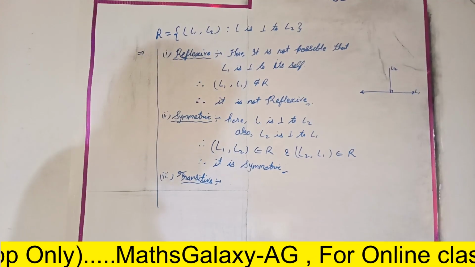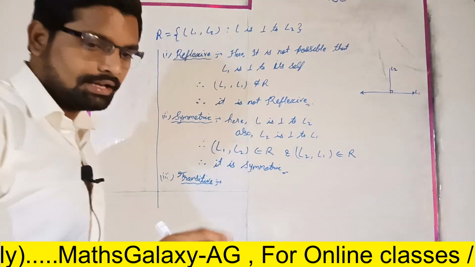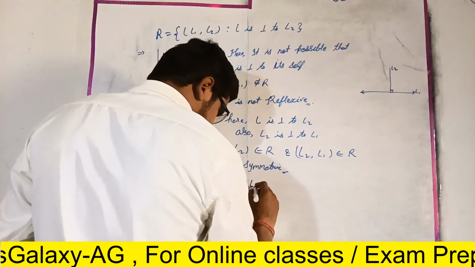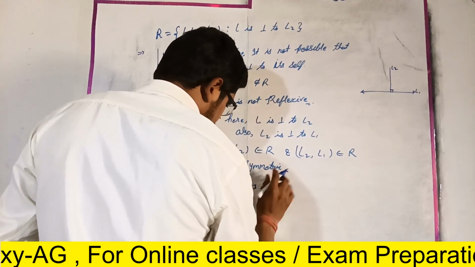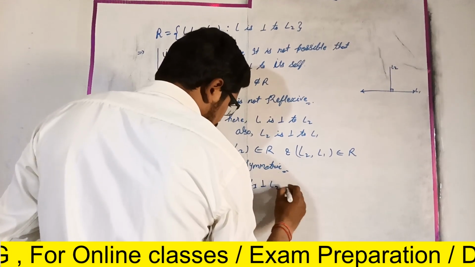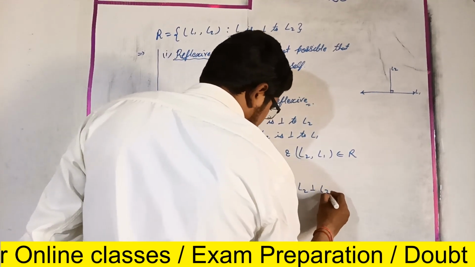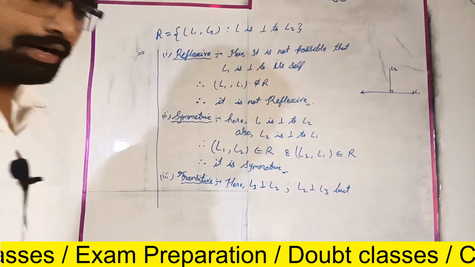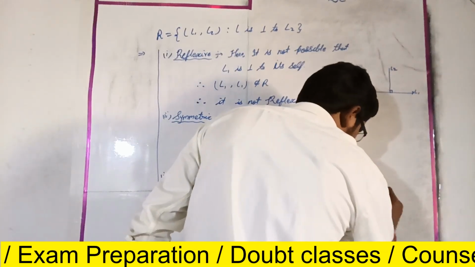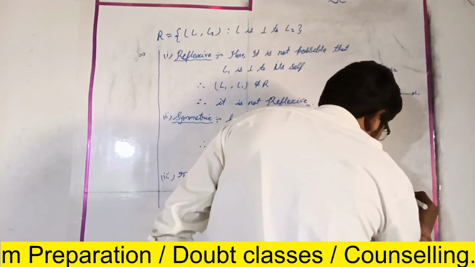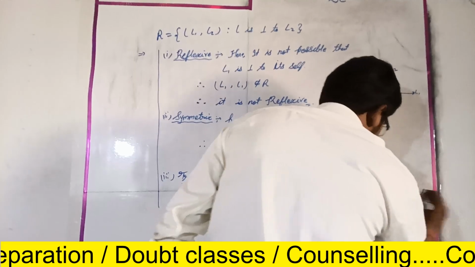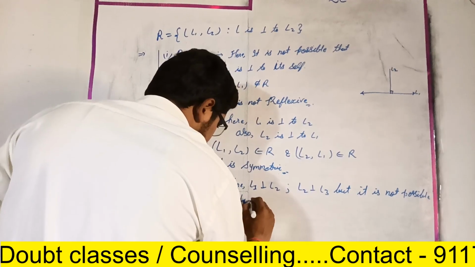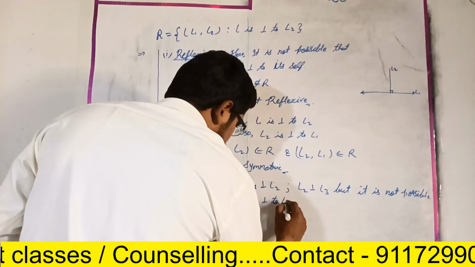Here we have to take a total of 3 lines. L1 is perpendicular to L2, L2 is perpendicular to L3, but it is not possible that L1 is perpendicular to L3.